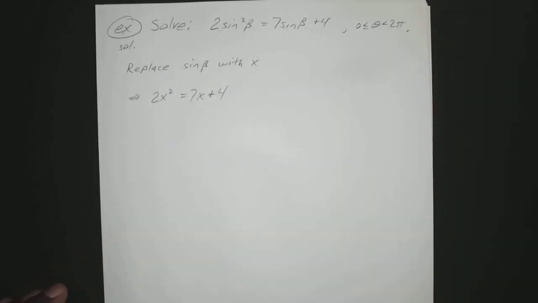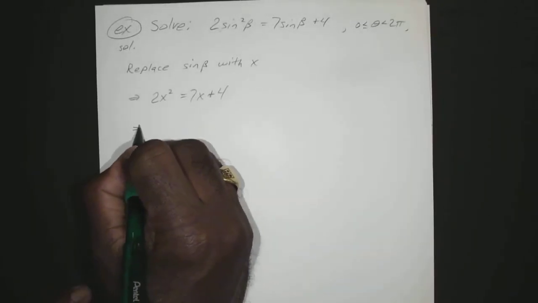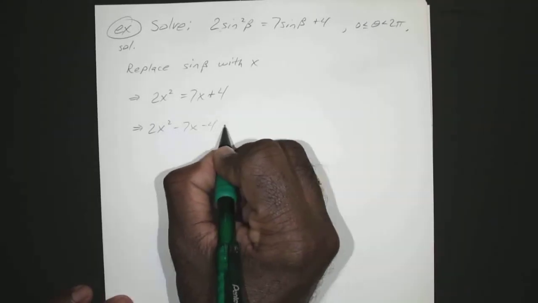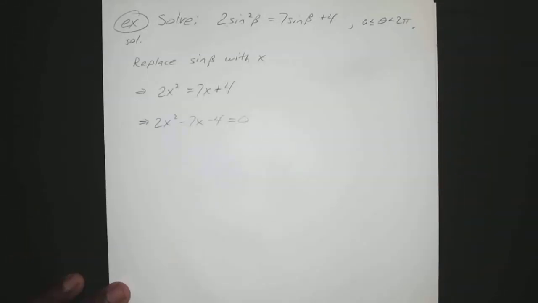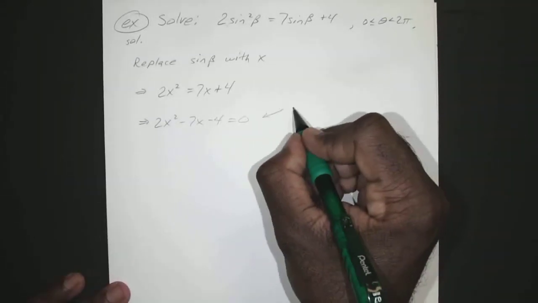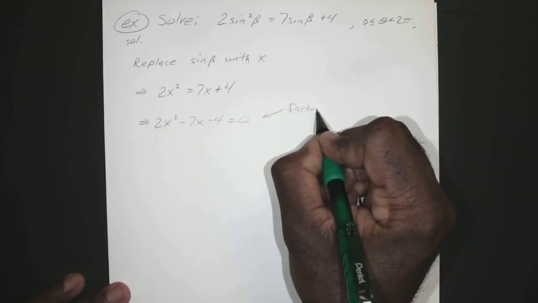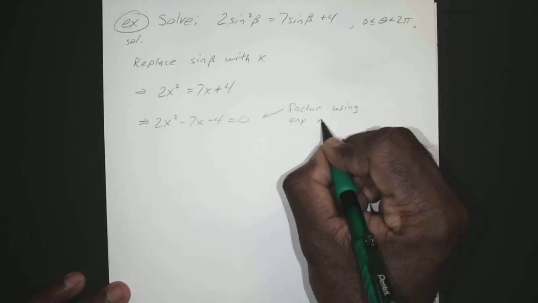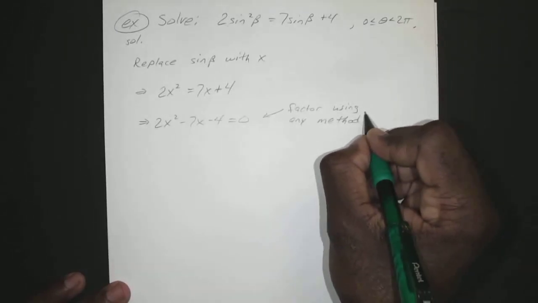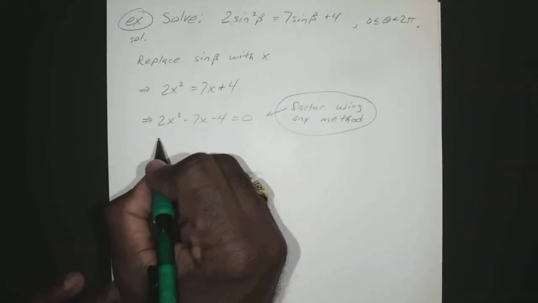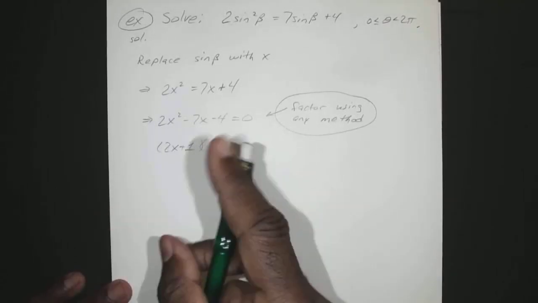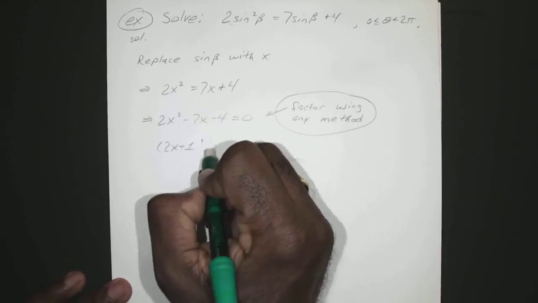Okay. So then we just bring everything to one side. So you have 2x squared minus 7x minus 4 equals 0. And factor using any method you want. Okay, so that gives you 2x plus 1 times x minus 4 equals 0.